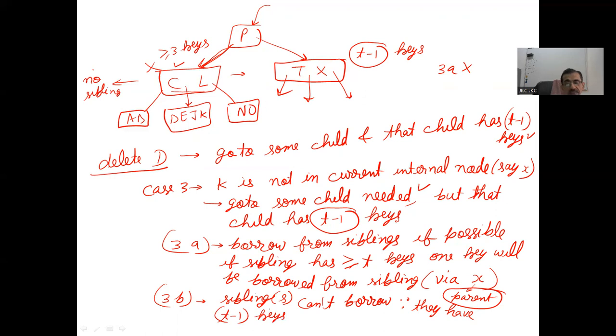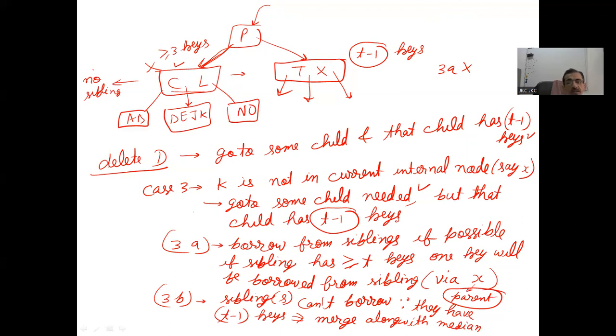Now, as I said, the current node also has T minus 1 keys. The sibling also has T minus 1 keys. The solution is nothing but merge. Merge with the help of X, along with the median, of course. Same thing we discussed earlier. So along with the median, merging will happen.